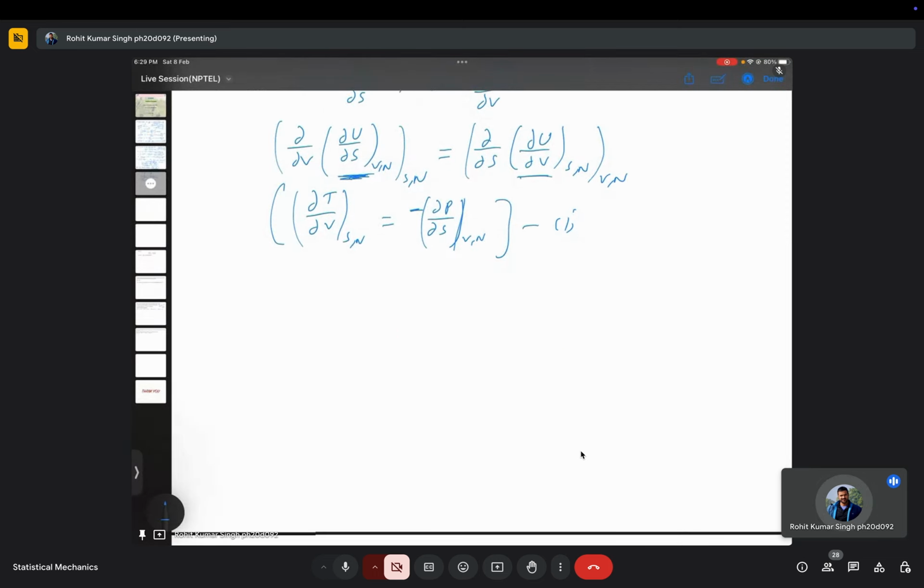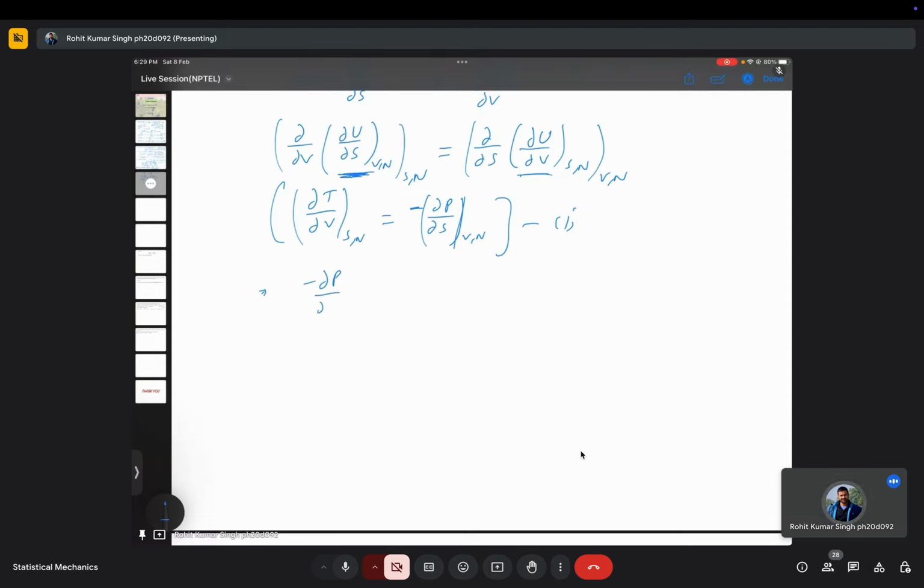So I'll just write them out because it has been done in the lectures. I'll just write what the other two relations are. This is the second Maxwell relation, and then we have this, the third Maxwell relation.